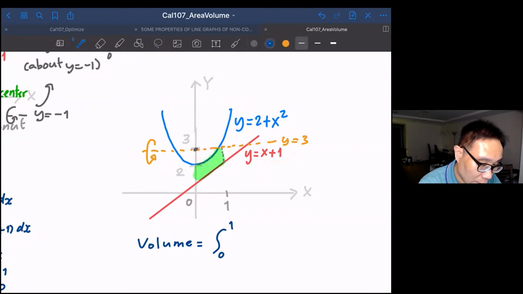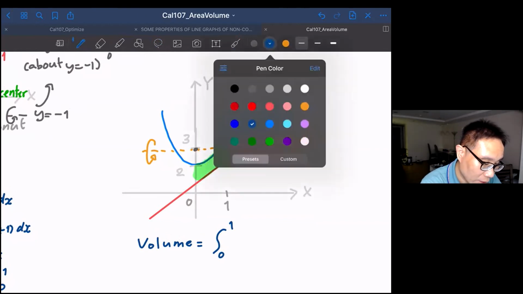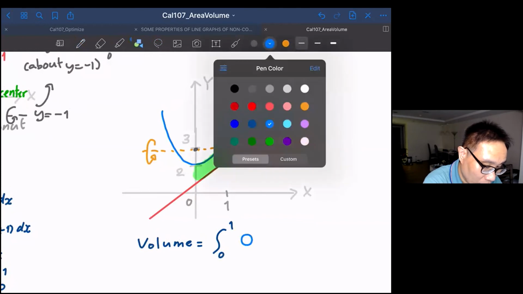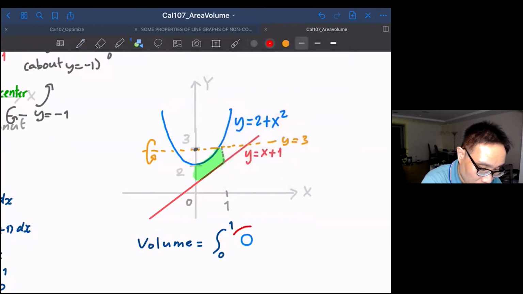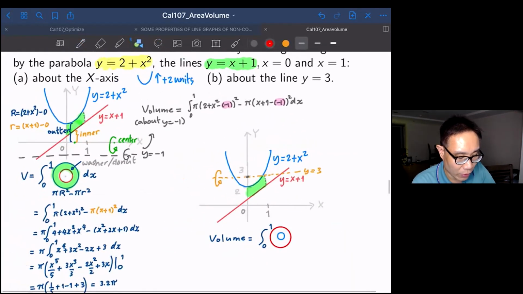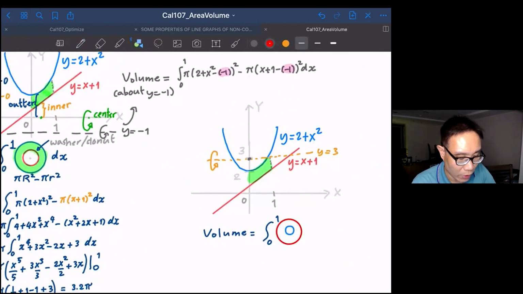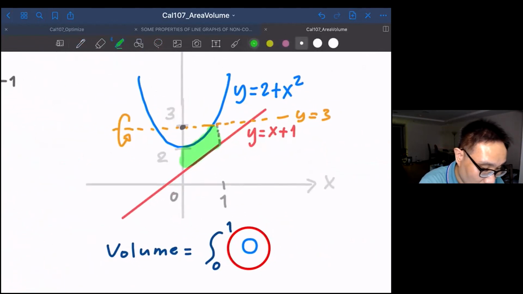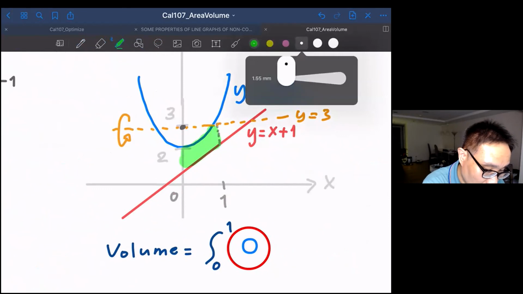So the picture changes a little bit: you have the blue inside and the red outside, different from the previous one, where you had the red inside and the blue outside. This one is the green one.